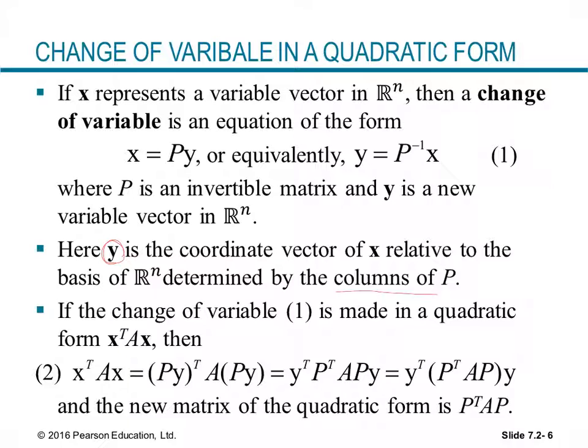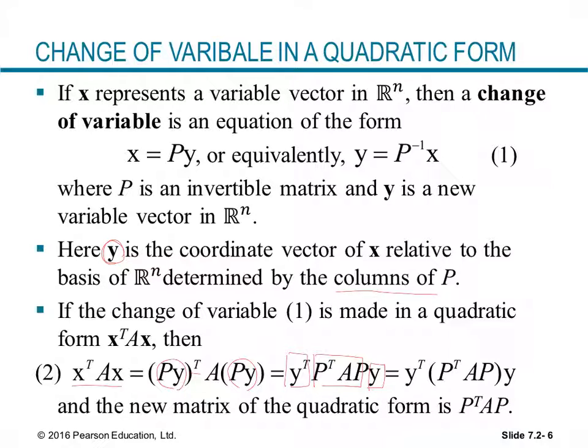If I combine this change of variable equation with the quadratic form, x transpose Ax can be written in terms of the y vector as P times y, transpose, times A times P times y, and eventually we have y transpose times P transpose AP times y.